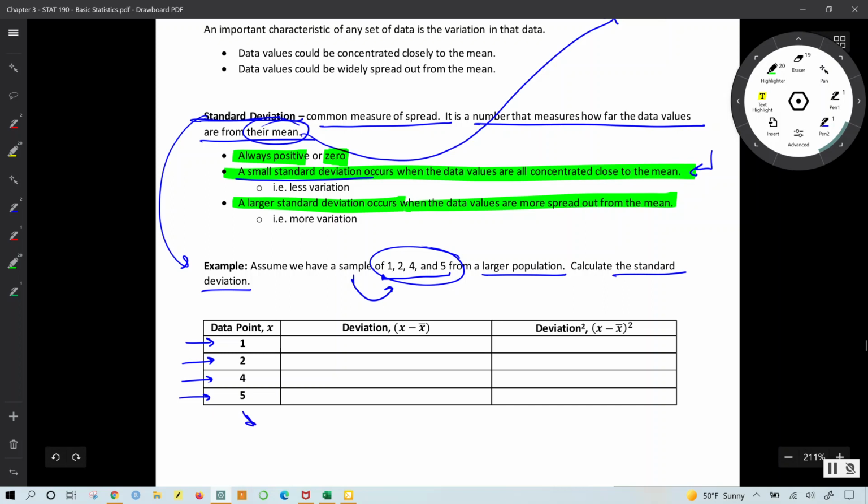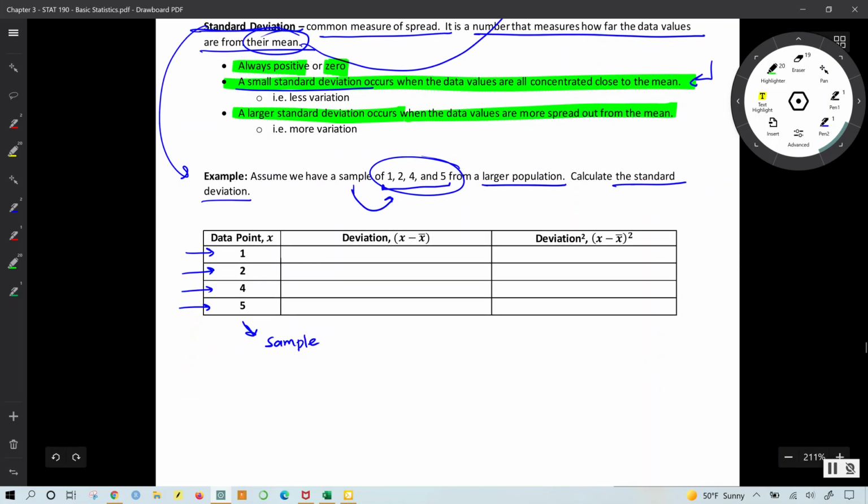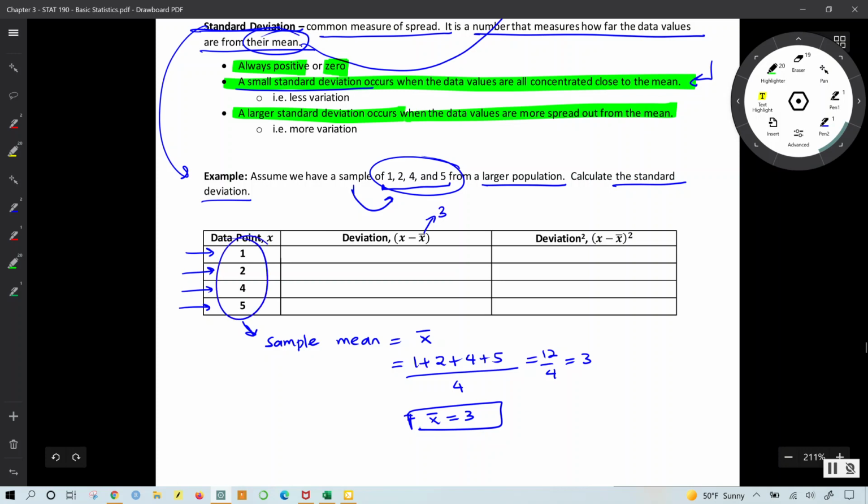Step 1, we compute the sample mean, represented by x bar, by adding all four numbers together and dividing by 4, which gives 12 divided by 4, equal to 3. So, take notes, our sample mean x bar is equal to 3, the average of all of these values.